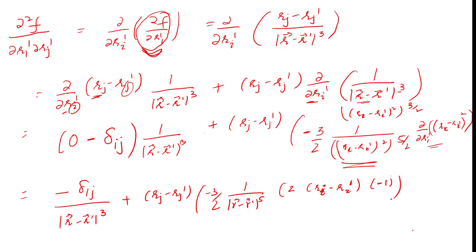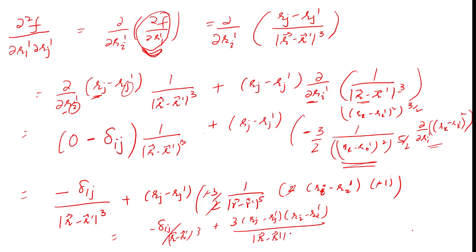So then this 2 cancels out, this negative sign cancels out. Then I would have essentially minus δij by |r − r'| cube plus rj minus rj' times ri minus ri' times 3, divided by |r − r'| to the power 5.